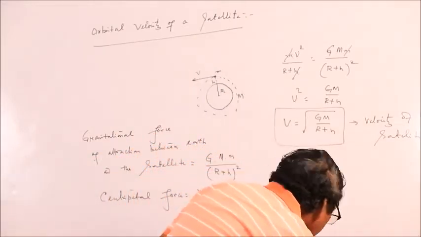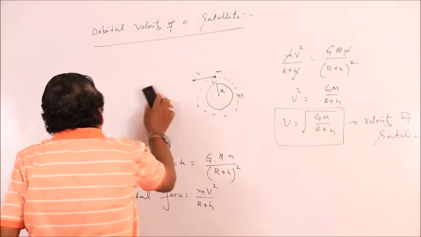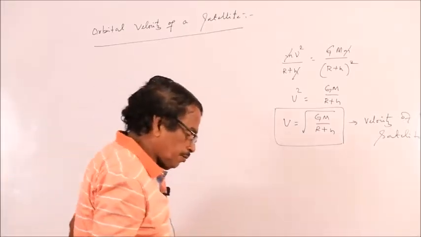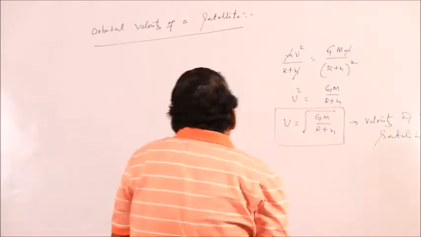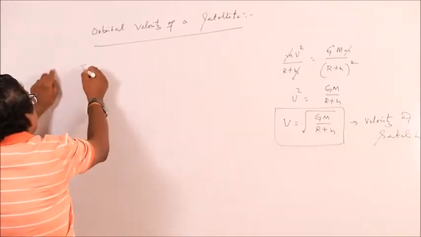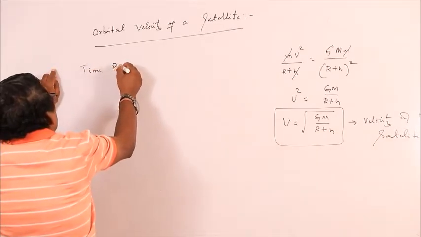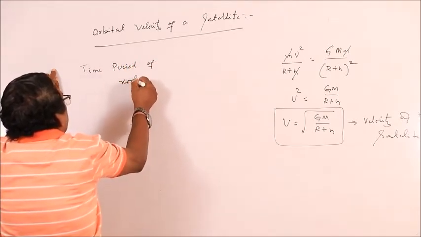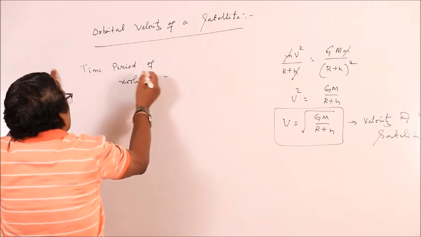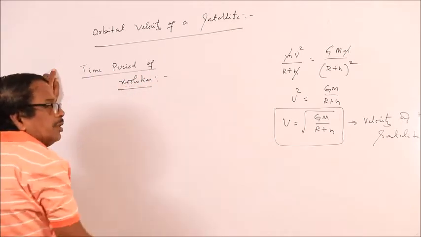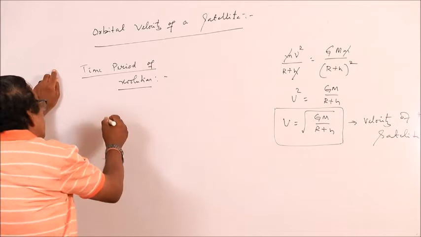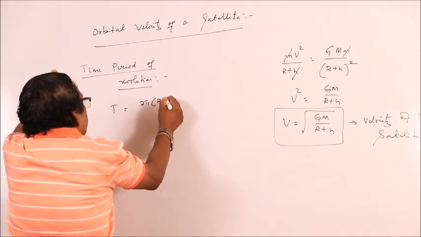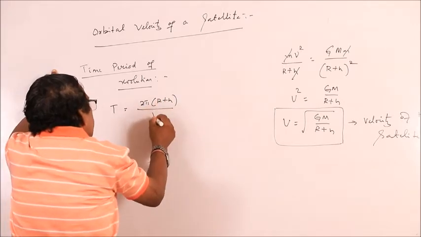Then what is the time period of revolution of the satellite? If this is the velocity, what is the time period of revolution? If T is the time period, T is equal to the distance covered in one revolution, 2 pi (R plus h), divided by v.